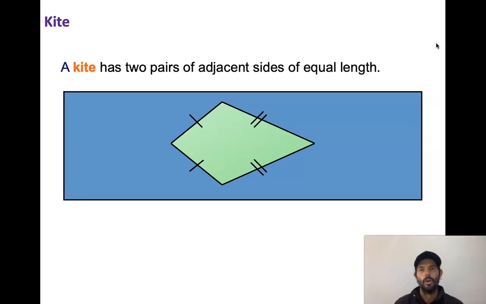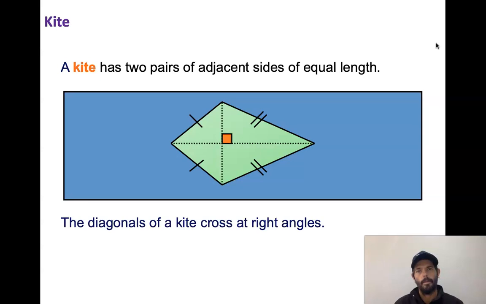And then you've got the two longer sides that are adjacent to each other that are also of equal length. Diagonals of a kite cross at right angles. Notice we don't use the word bisect. Bisect means cut in half, and you can see that those diagonals do not cut each other in half, so they cross, and it has one line of symmetry, and that is that horizontal line.